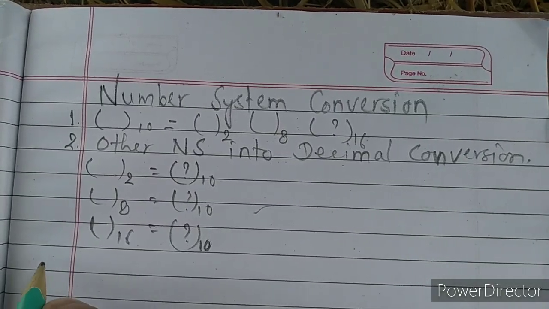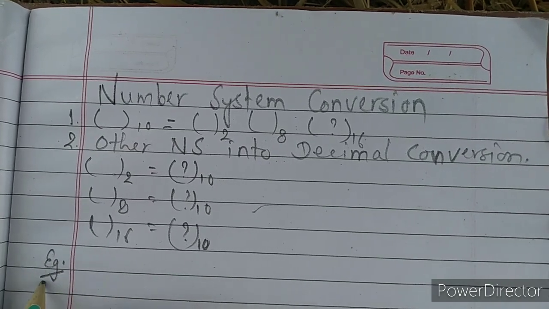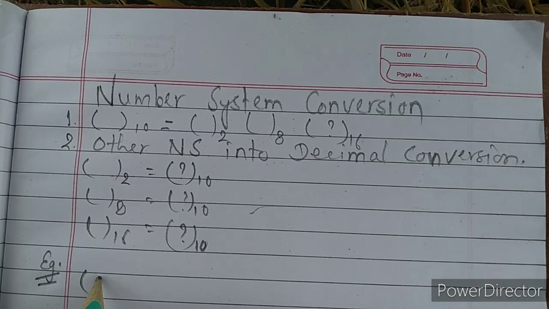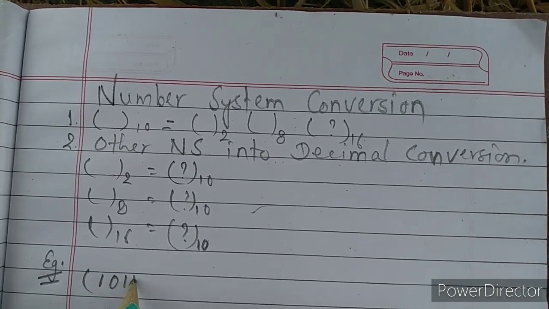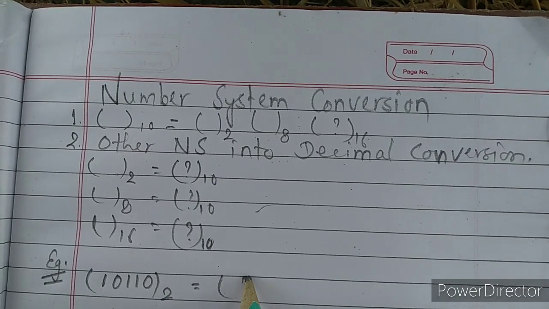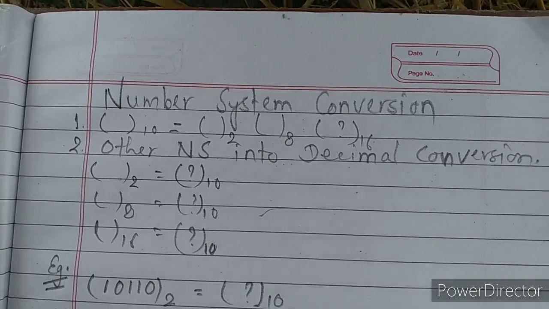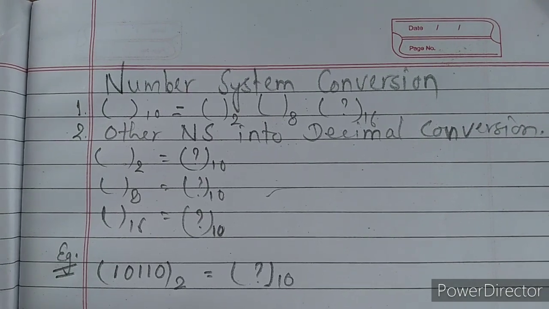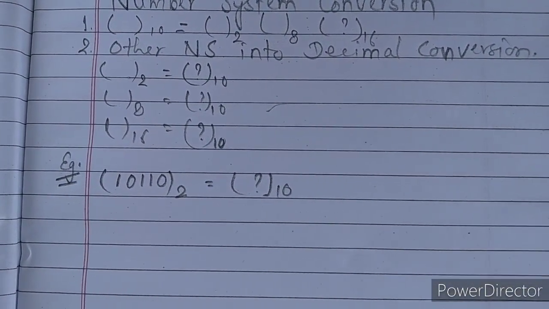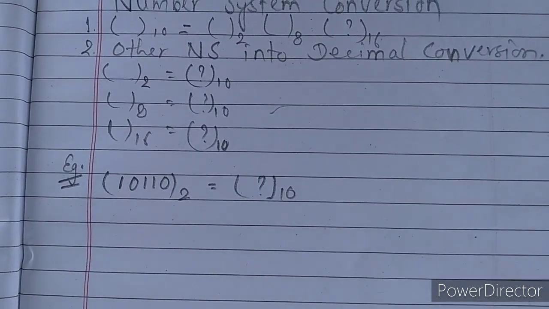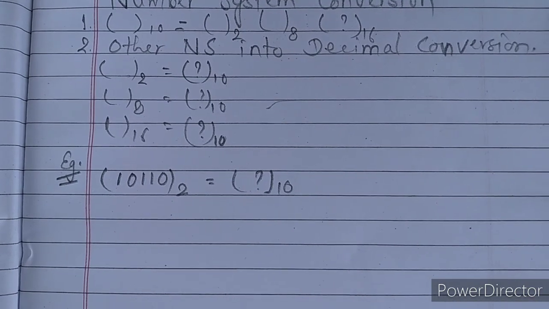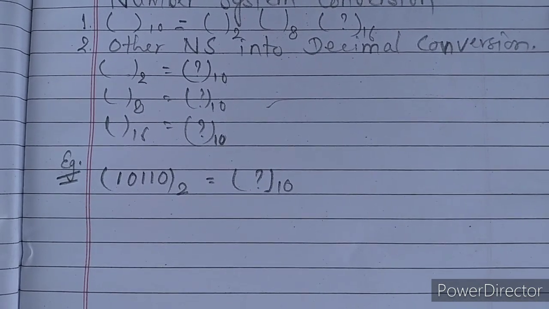First I'm going to take an example. Suppose a binary number is given: 10110, and the decimal number system is asked. When we converted a decimal number into another number system, we divided, but here we are just going to multiply.